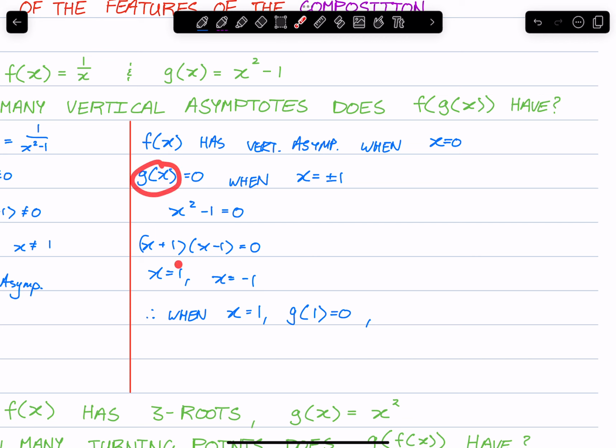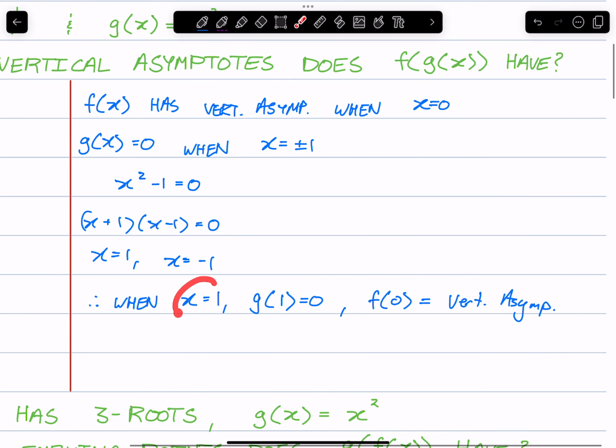G of 1 equals 0, and f of 0 equals a vertical asymptote. Notice here how we're going right from the beginning, x first, into g, and then the result of g goes into f. And that's when we can count the first vertical asymptote.